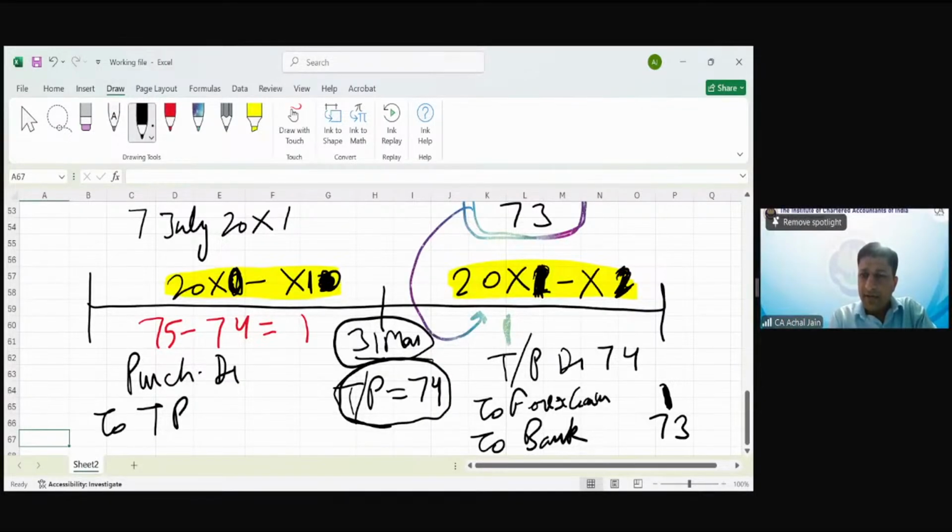All right. So the next question, you can just look at this, all about that borrowings. Quickly, you can solve this on your own.